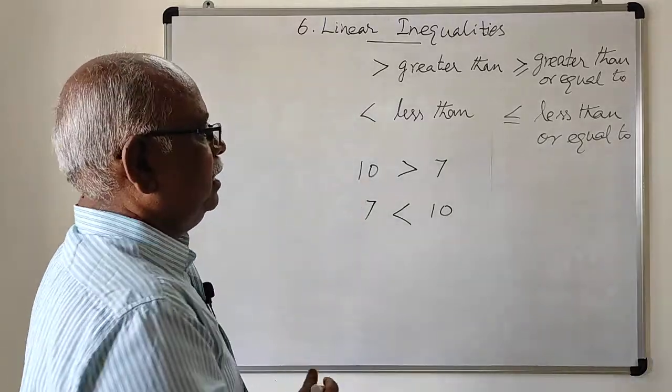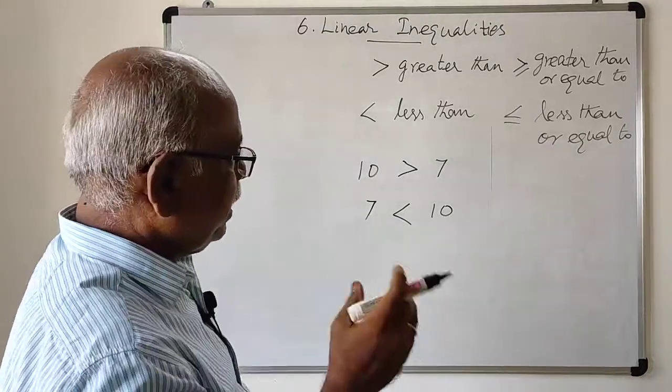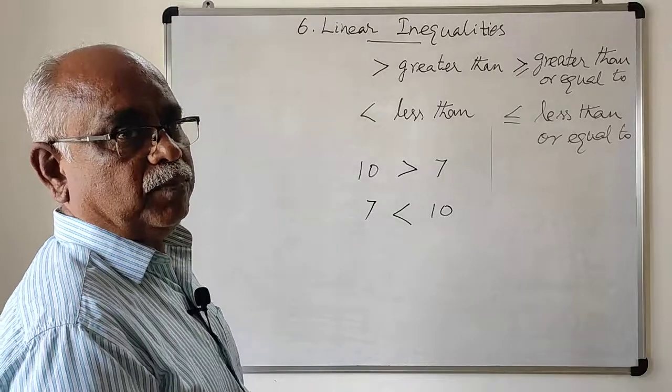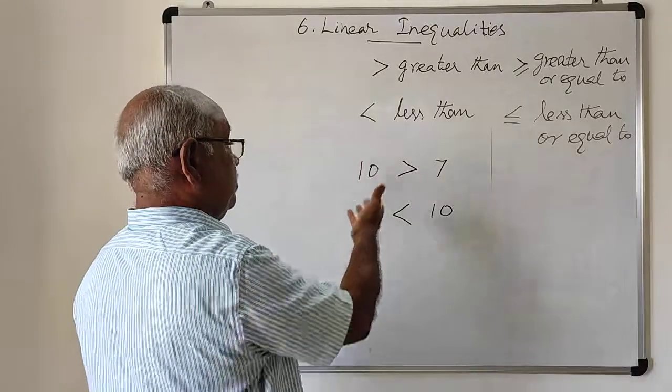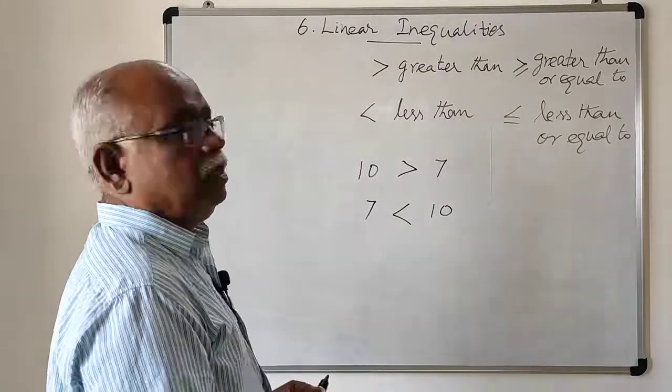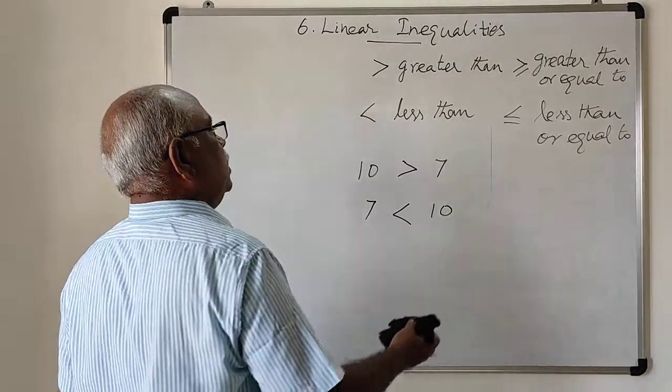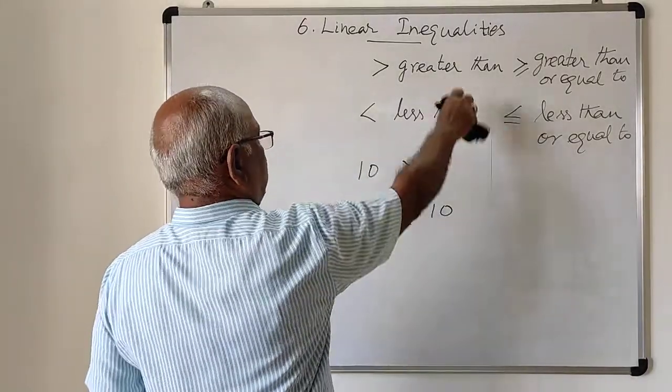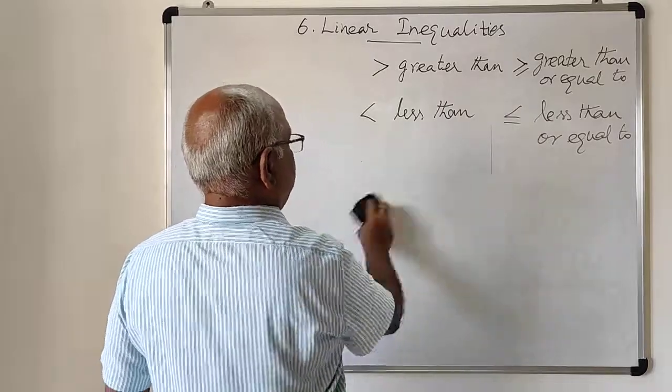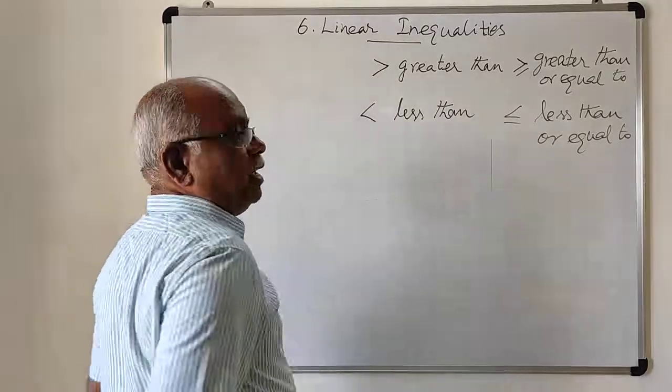These are the ideas you have to keep in your mind while solving the problems, because students get confused about which is the greater than symbol and which is the less than symbol. So please remember these 4 inequalities we are going to use in the exercise.